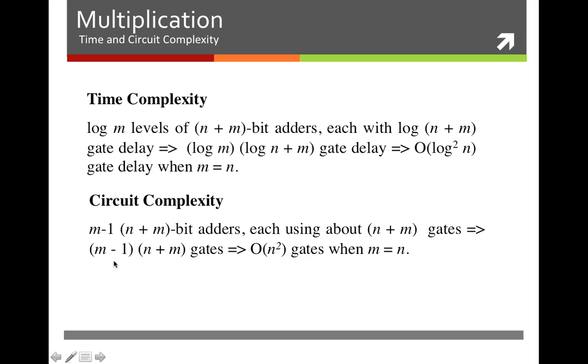That's the number of red vertices, or the adders in the binary tree, and that's the number of gates. Again, if m were equal to n, then this will be order n squared. So now we know that there is a solution to the problem. If we use the Brent and Kung adders to replace those red vertices, then you have this sort of complexity, and that solves the problem in log squared n time.